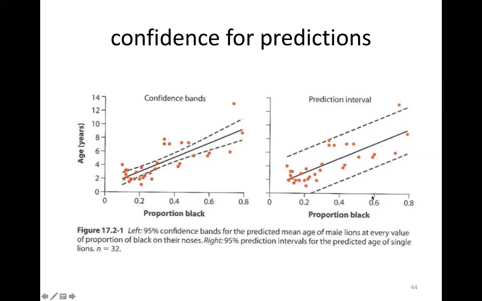This is different. Here we are saying that when x is 0.6, where would 95% of y values sit? Here it's where would the mean of y values sit? Here it's about all y values. Where would they sit?